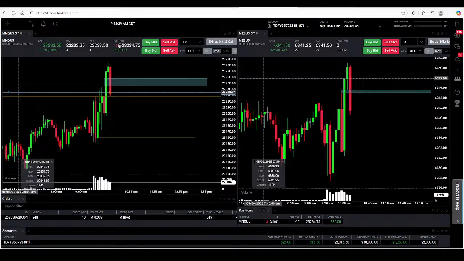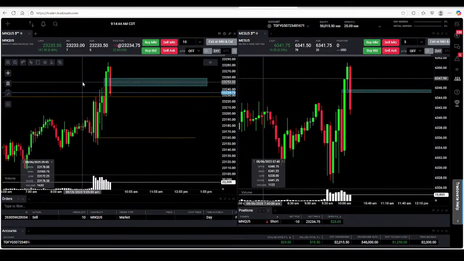Our stop's going to be halfway in this little zone here in this fair value gap, which is going to be basically 23.250.